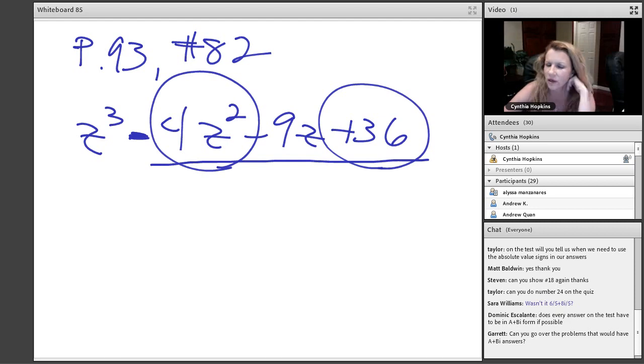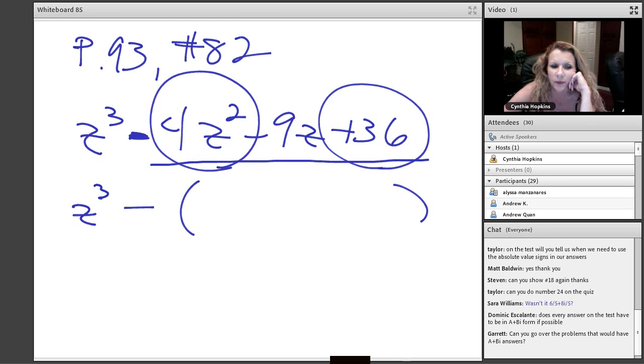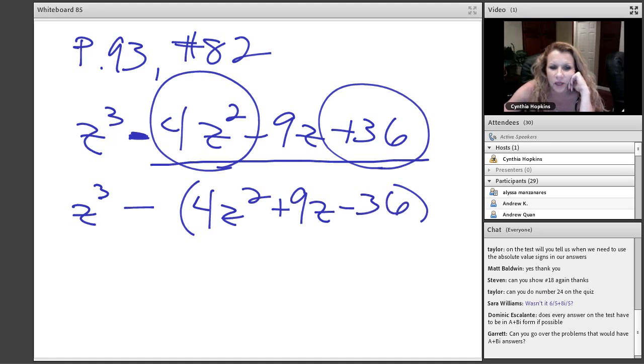However, I know that if the three terms are on the tail end of the polynomial, that we're going to factor out a negative. Well, if I were to do that, I would get z cubed minus and then a quantity. Okay, that quantity would be 4z squared plus 9z and then minus 36. Well, the first and the third terms have to be positive perfect squares, so that just totally messed it up.